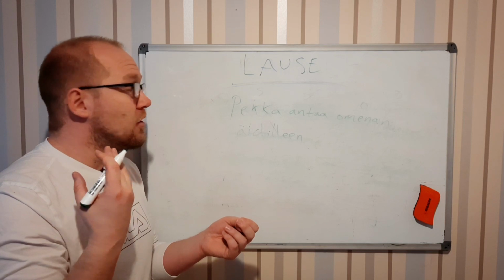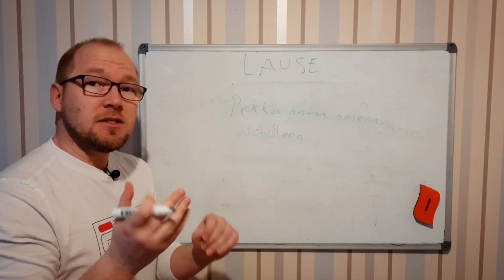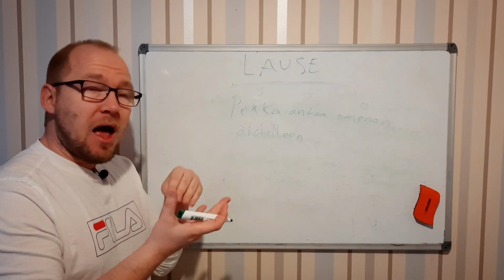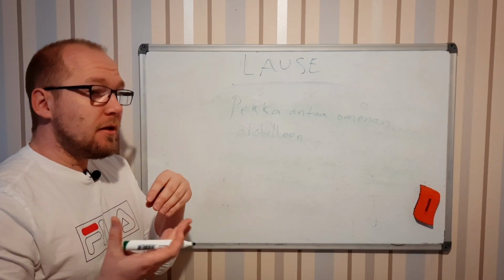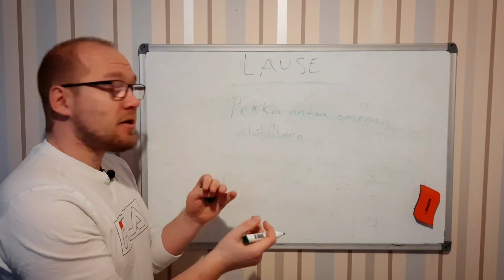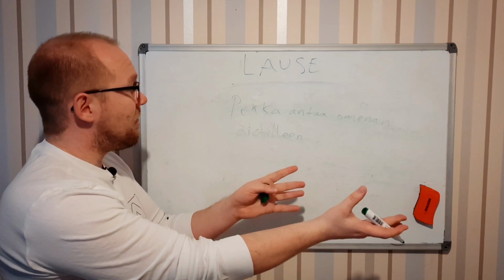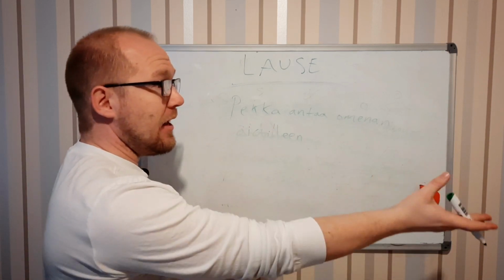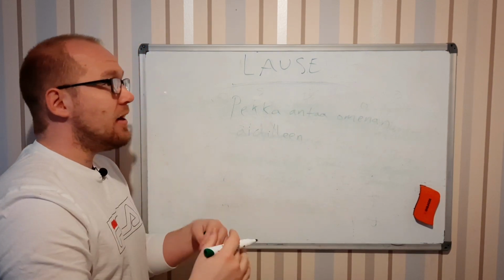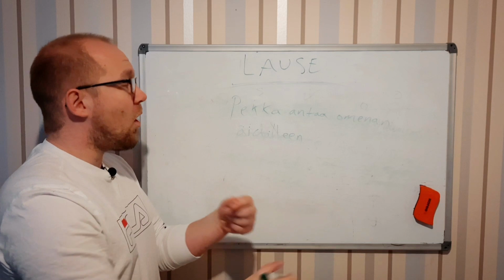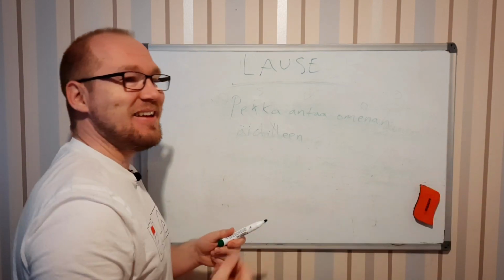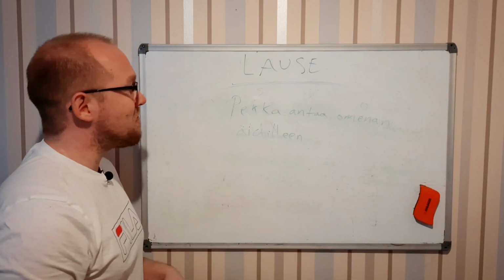Pekka söi omenaa, didn't finish it. And now the same omena, same apple, goes forward, you know. It goes to Pekka's mother now. Pekka antaa omenan äidilleen. So the action goes a little bit further. So I'm here eating, and then okay, I passed. You know, I give the omena away.